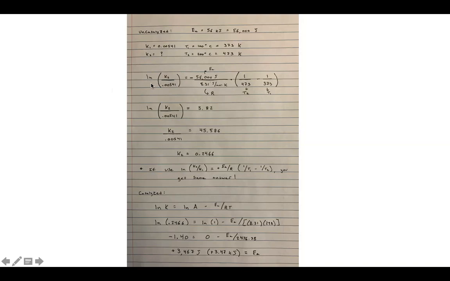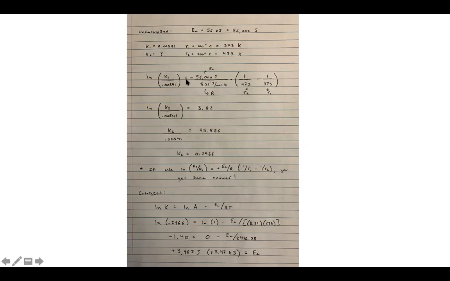So the formula is ln K2 divided by K1, where K1 is this 0.005 number, is equal to the negative activation energy in terms of joules, so 56,000 joules, divided by R, which is a constant, that 8.31 joules per mole Kelvin constant, times 1 divided by T2, which is 473 Kelvin, minus 1 divided by T1, 373 Kelvin.